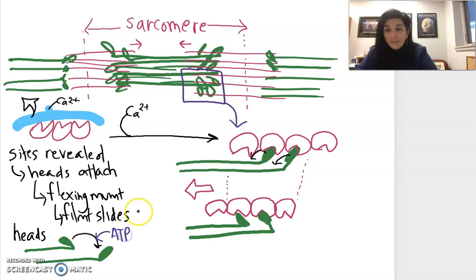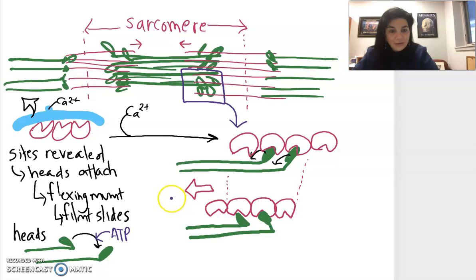ATP comes from cellular respiration. It's an aerobic event. So you breathe in, and you're able to make ATP, and this is part of where ATP is going to be consumed to extend these heads so they can bind to the next open space and ratchet even more.